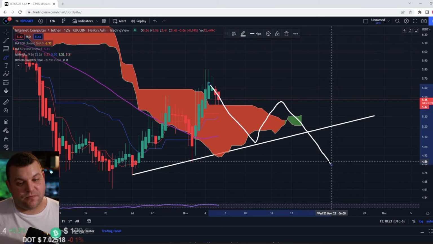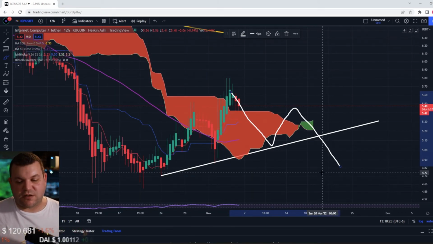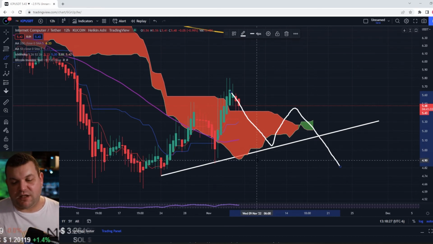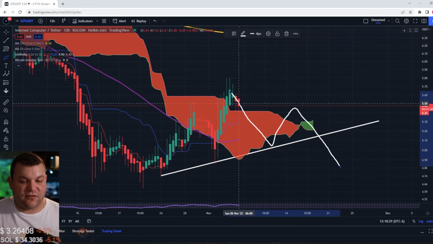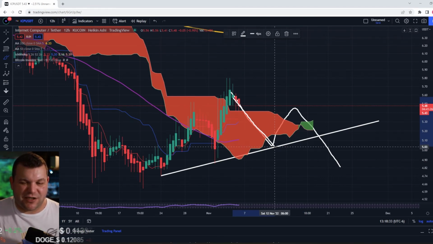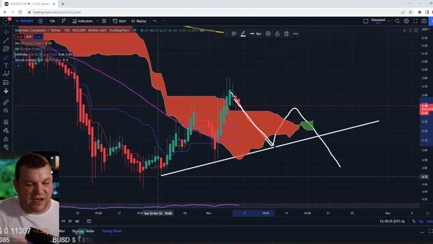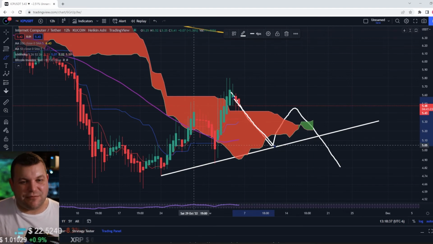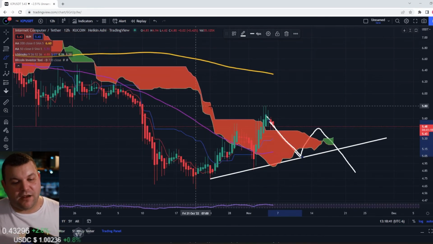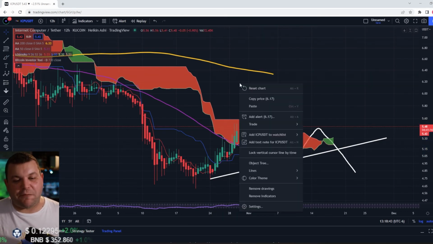It's possible. So it wouldn't surprise me, going into this next week or two, if we see ICP really start trending down this low. I mean, we might be looking at a $5 ICP token. It is what it is, depending on what could happen with this market.